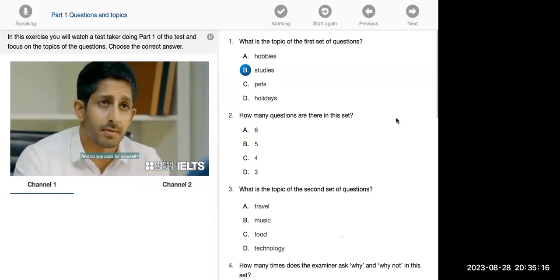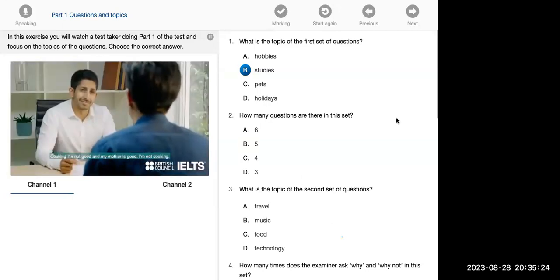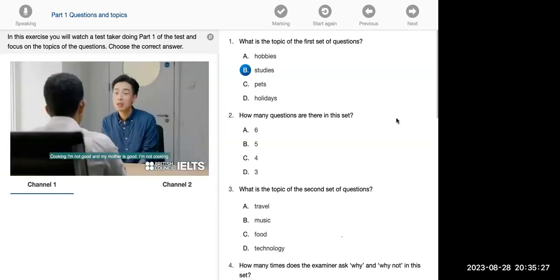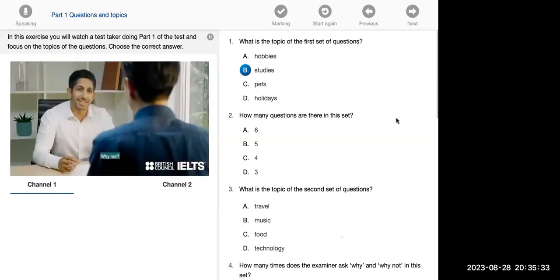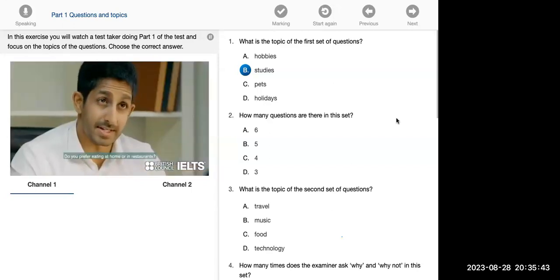And do you cook for yourself? Actually, not too much. I actually just like to eat. Cooking, I'm not good, and my mother is good. I'm not cooking. Why not? I don't know how to cook, and I didn't like cooking. Do you prefer eating at home or in restaurants?